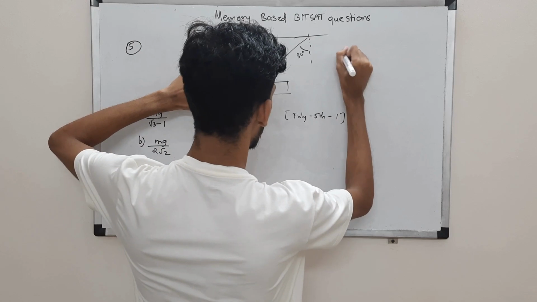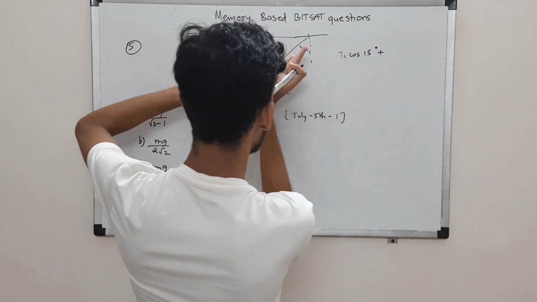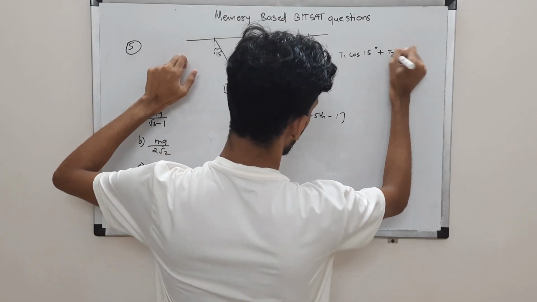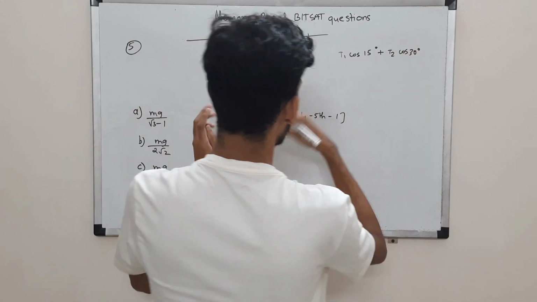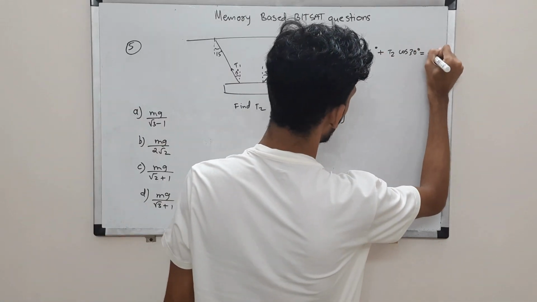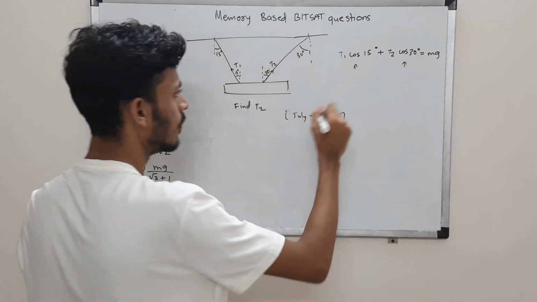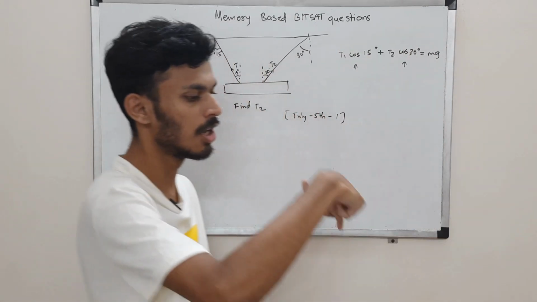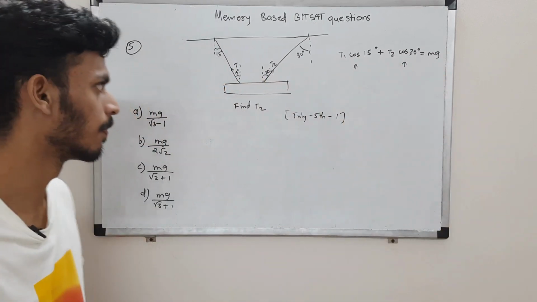So the vertical component will be T1 cos 15 over here, and here it will be T2 cos 30, okay. So adjacent to theta is cos theta, that's why the cos component, and these two balance the mg, right. This is in vertically upward direction, mg is downward. So these two components of the tensions are balancing mg, okay.